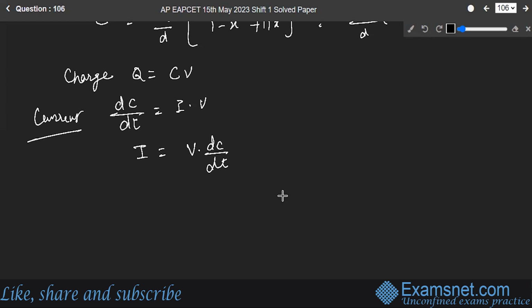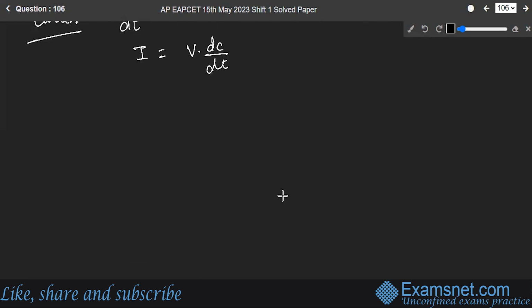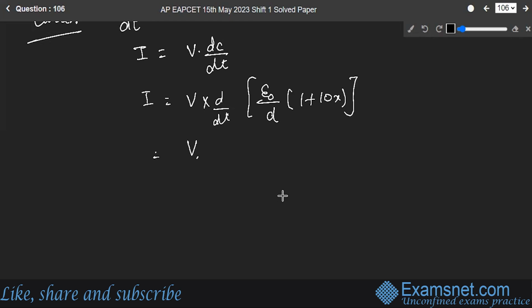So what is C equal to? That means I is equal to V into d by dt of E naught upon d into 1 plus 10x, or this is equal to V into 10 into E naught upon d dx by dt.